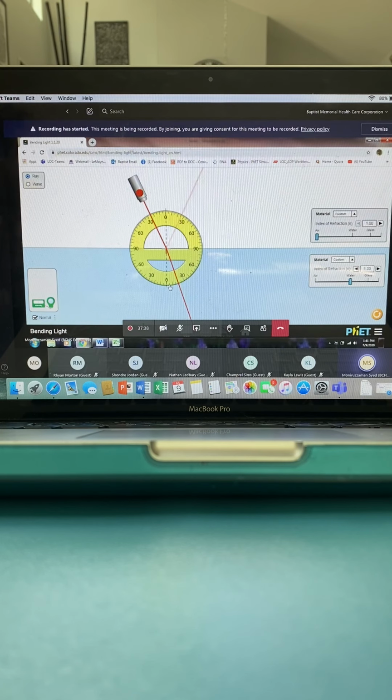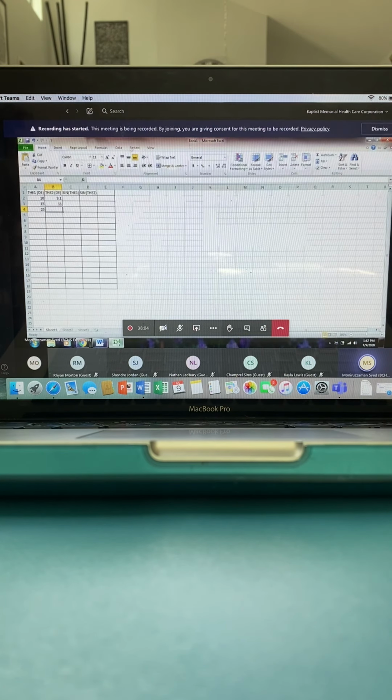So 5, 10, 15, let's say 20, okay? 5, 10, 15, 20, right? 25, 30. So this is 1, 2, 3, 4, 20 degrees right here. So 25 is there, 20 is here.